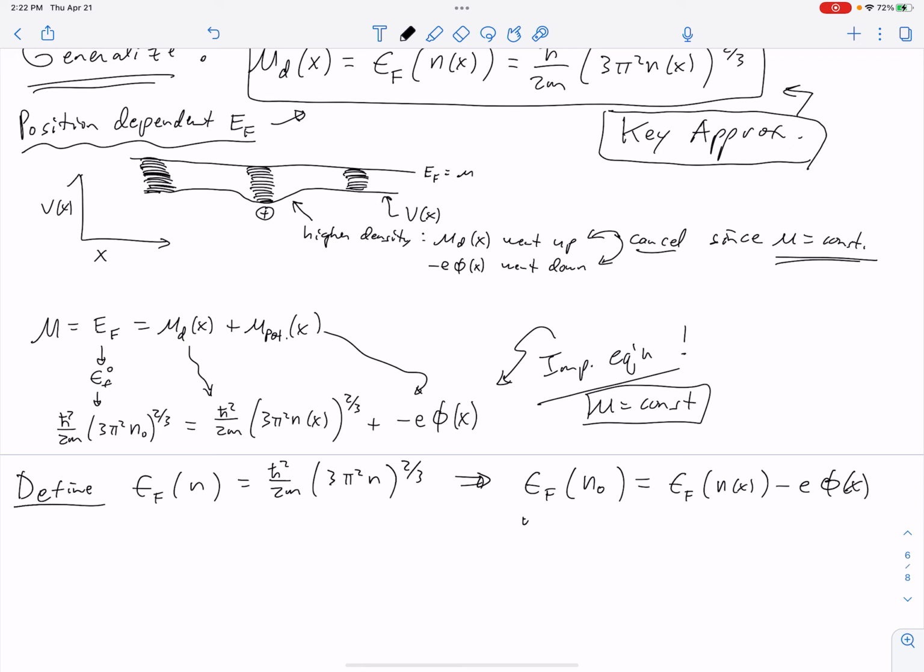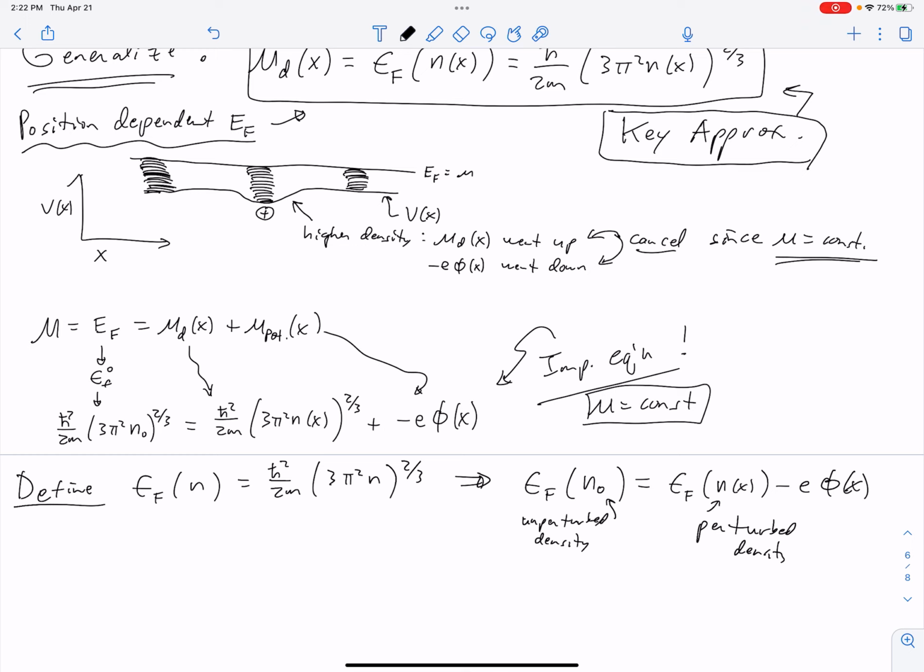So this is the unperturbed density, and this is the perturbed density.